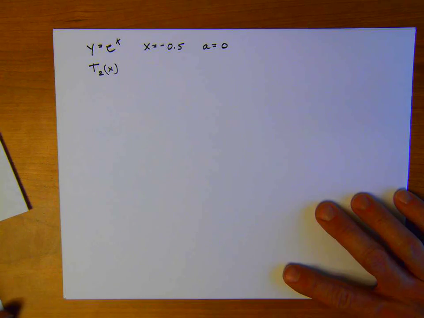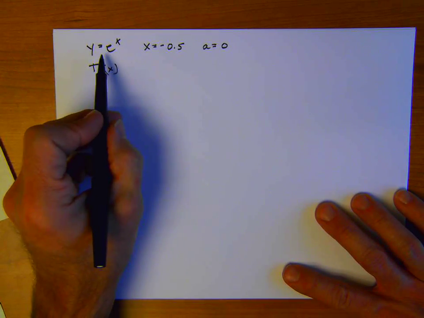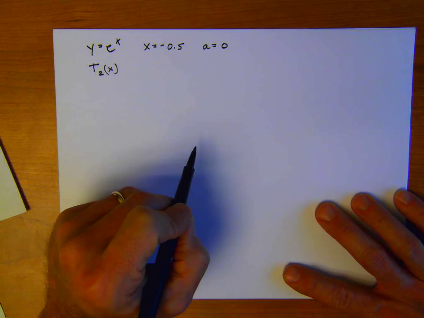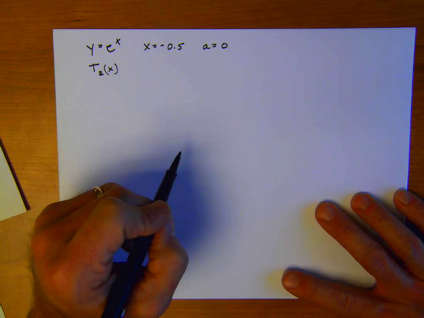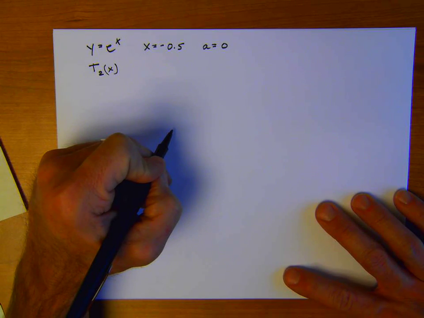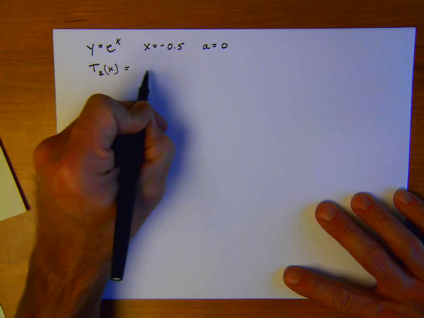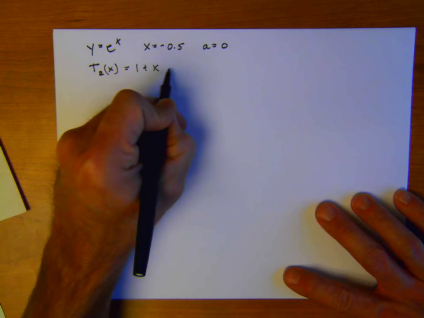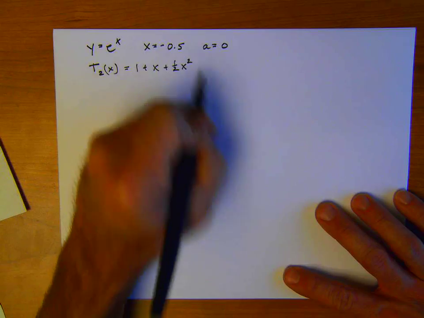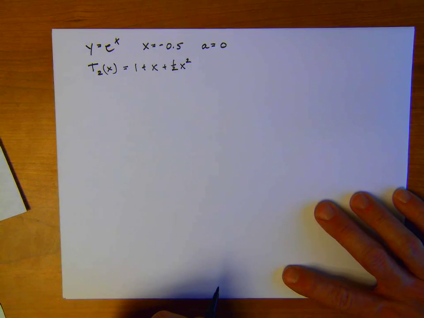So the first thing we would need to do is find T2. But we already did that in the lab, so I'm not going to repeat that. Remember, this is our second degree polynomial. We found that to be 1 plus x plus 1/2 x squared, if you recall from the lab. So that's our T2 of x.